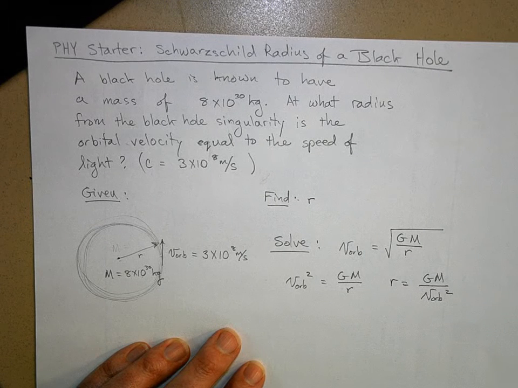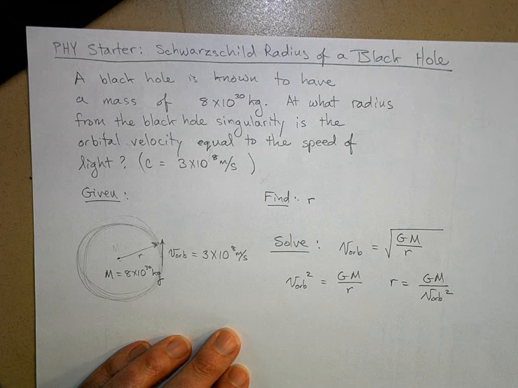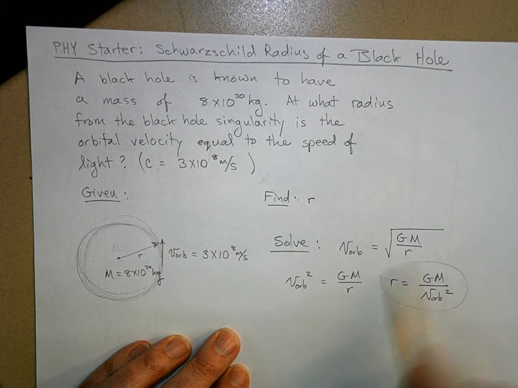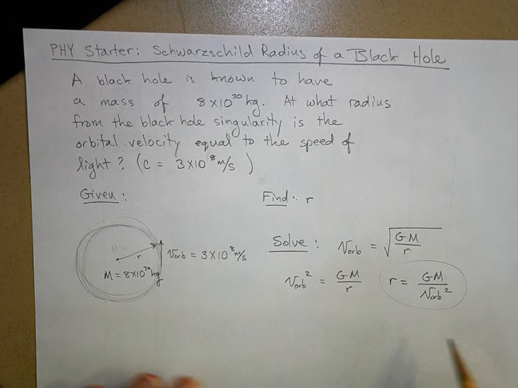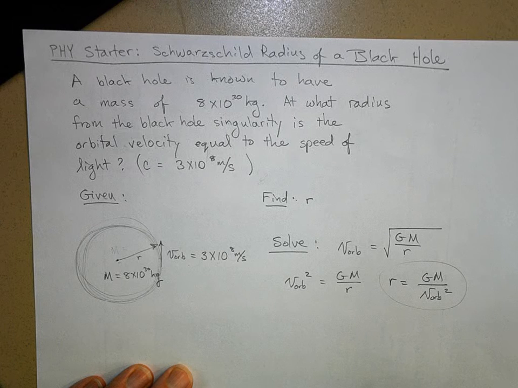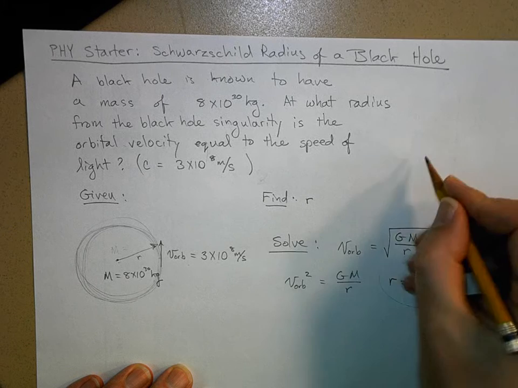The orbital velocity squared. And this little equation right here is the Schwarzschild radius equation, and it's really simple. One of the things you might know, we have a letter that represents the speed of light. You know what that letter is? Sometimes it's called Einstein's constant. You've seen this equation before, right?